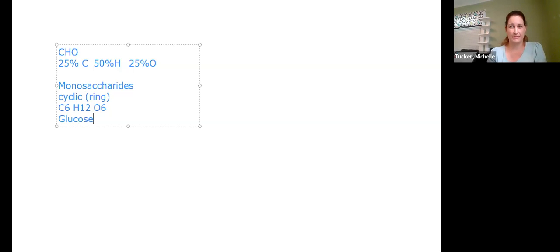But it's also the same formula for fructose and the same formula for galactose. These are called isomers. If we were to build glucose, fructose, or galactose, we would pull out 6 carbons, 12 hydrogens, and 6 oxygens.